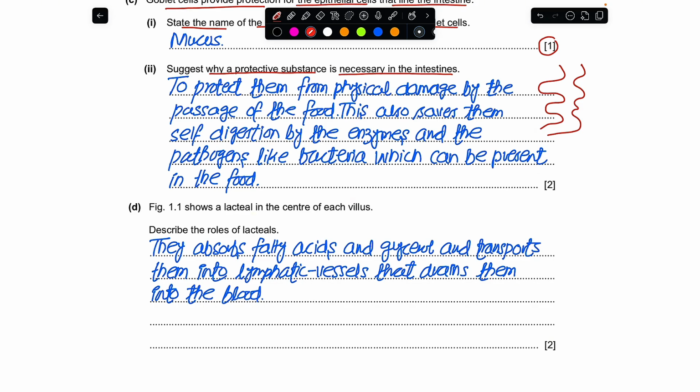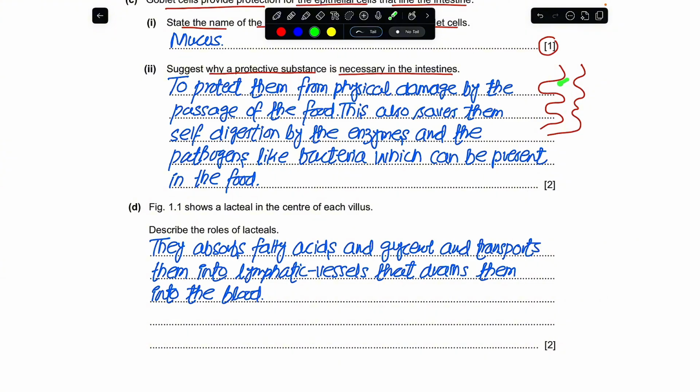And at the same time, there is a possibility that the food that has come into the small intestine can have some disease causing microorganisms, or pathogens, in it. Moreover, the small intestine is always in a state of peristalsis. The muscles within the wall of the small intestine are fewer compared to the stomach, but still they keep on pushing the food.